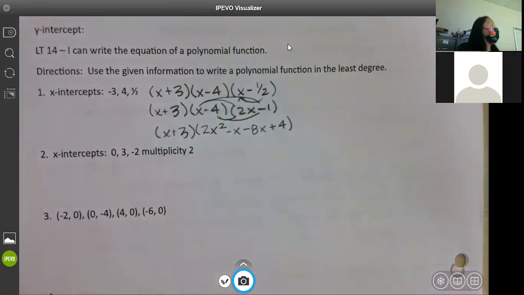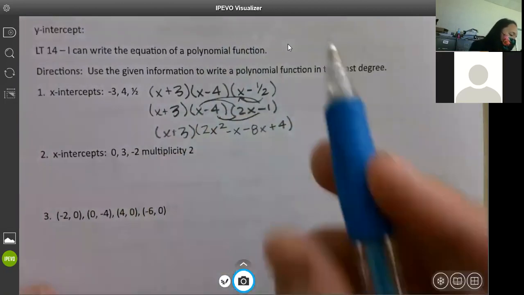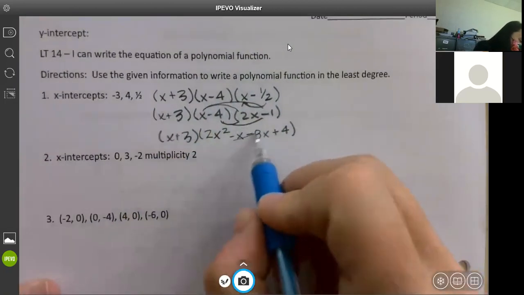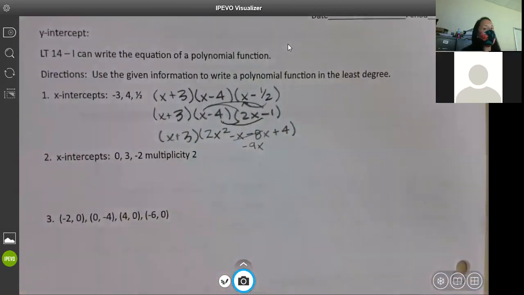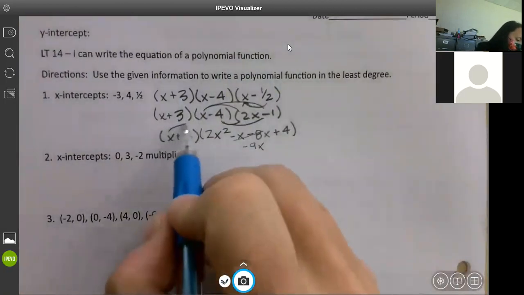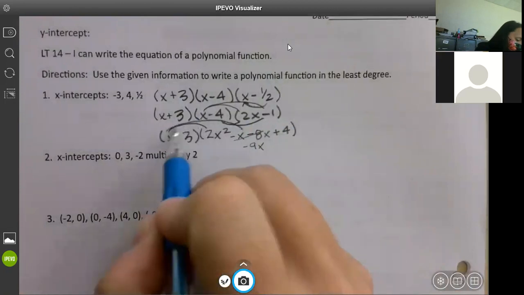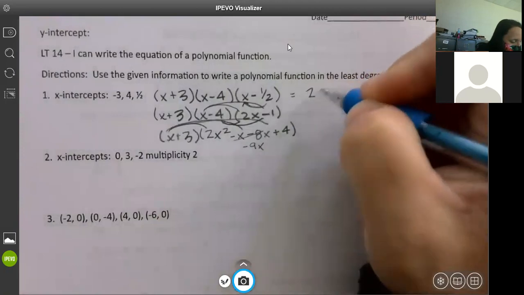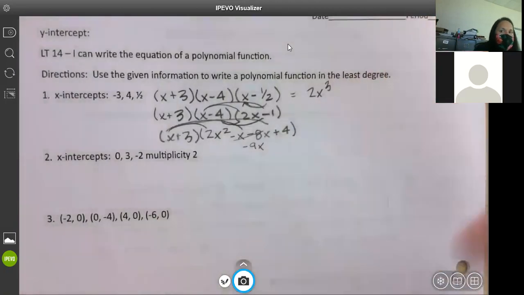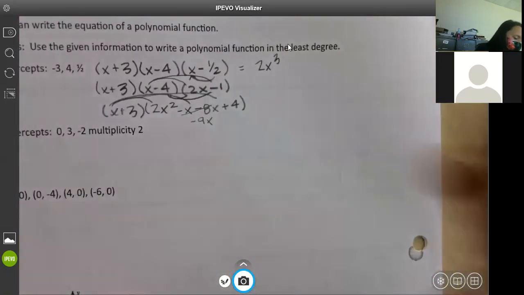Is everybody okay? You do have like terms in there. You can go ahead and add those together. What I typically do is just kind of mark them out and make it one term. So it would be negative 9x. Distribute x to all 3 terms. X times 2x squared. Okay, and I'm just putting it up here to give myself some space.